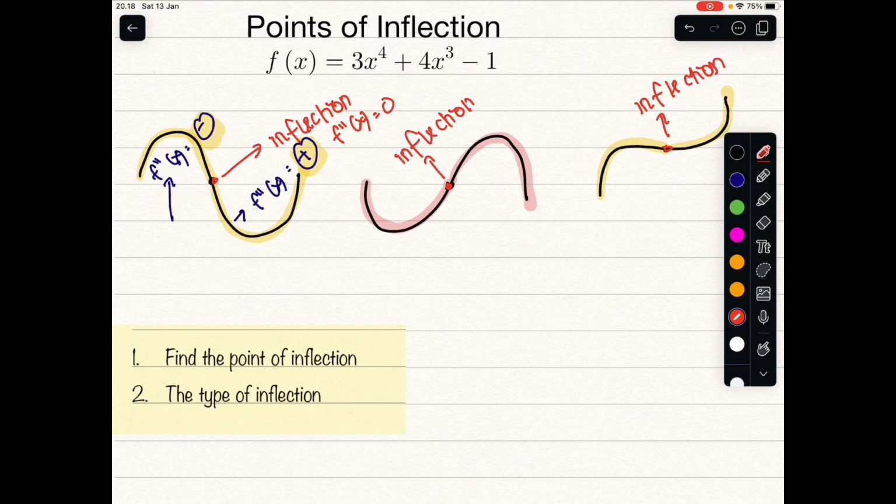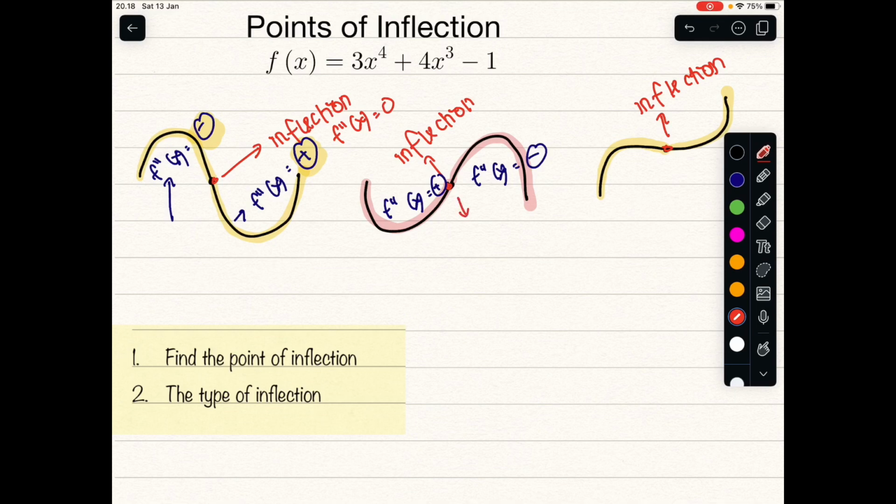It's also going to occur when it goes from concave up to concave down. In the second curve, the second derivative is positive because it's concave up, and then negative because it's concave down, and there's a transition. So if you go from positive to negative, you're going to pass zero.